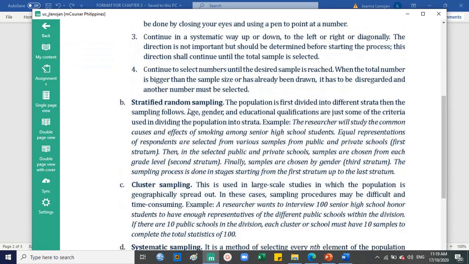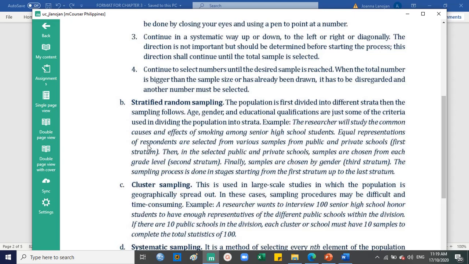Next is stratified random sampling. The population is first divided into different strata, then the sampling follows. Age, gender, and educational qualifications are just some of the criteria used in dividing the population into strata. Example: the researcher will study the common causes and effects of smoking among senior high school students.